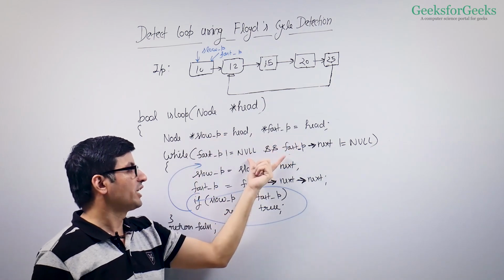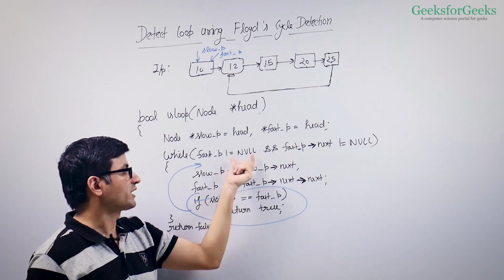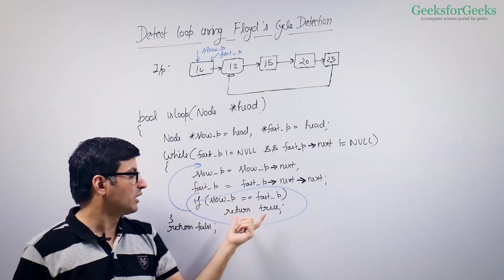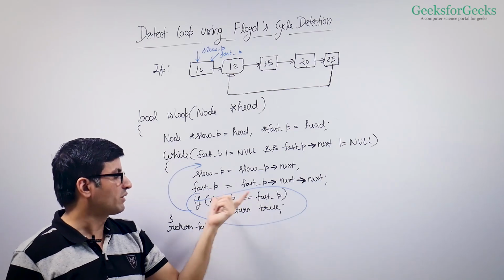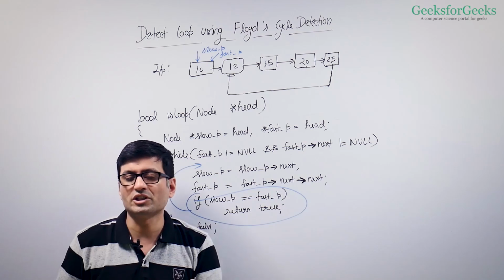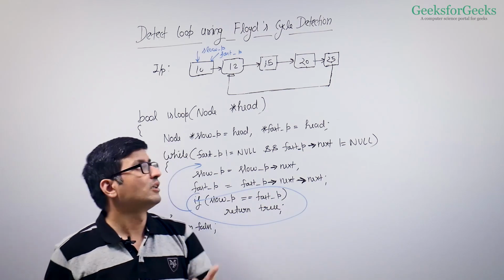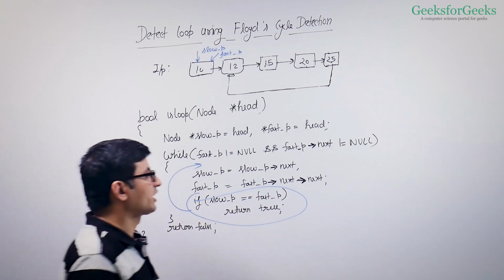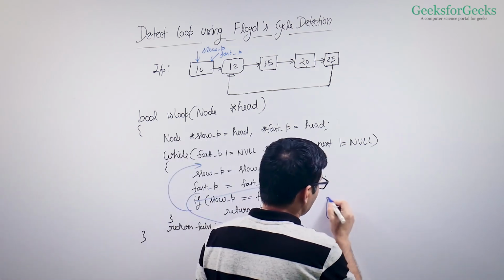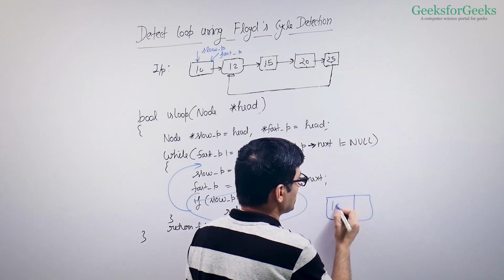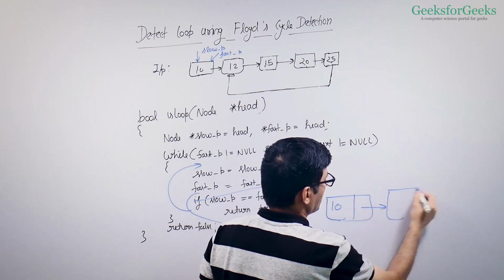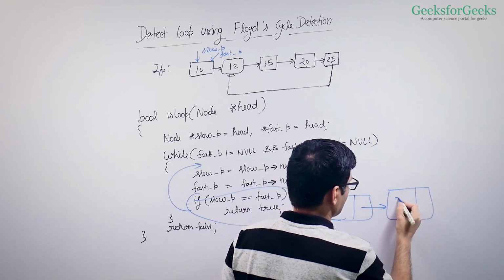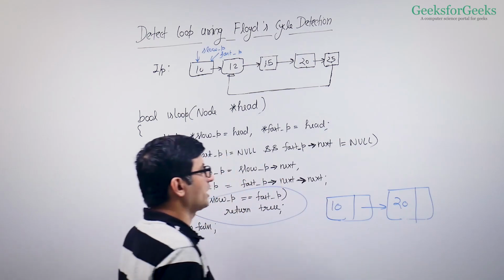Both are initially head. You will come inside the loop. Say your linked list has certain nodes, right? You will come inside the loop, and then slow and fast are equal, right? Because initially they are both head. So it will return true for a linked list which does not even contain the loop, right? Any linked list which has one or more nodes, right? So say this linked list, what will happen?